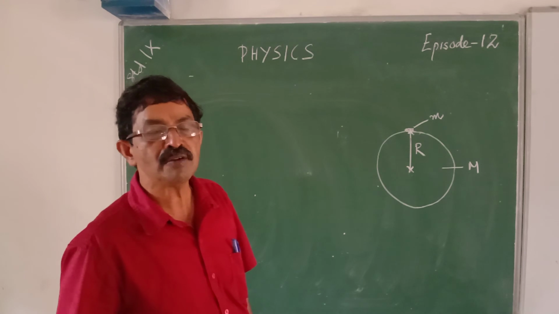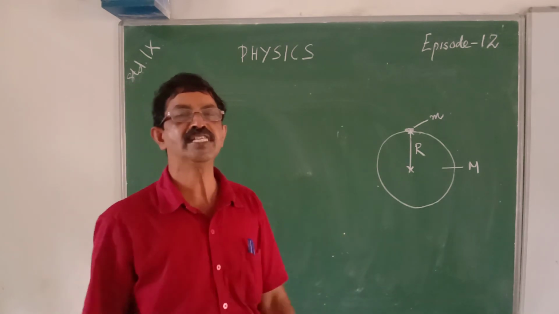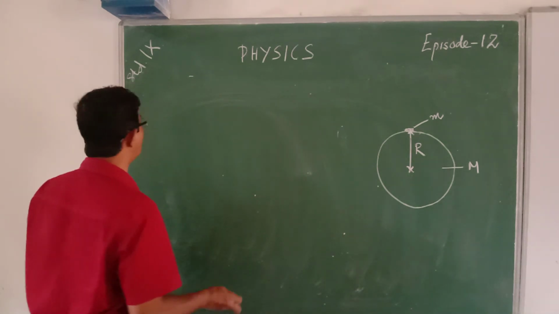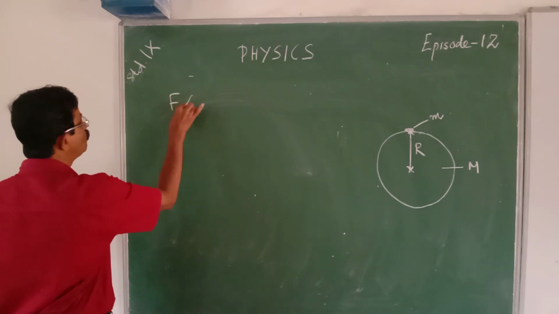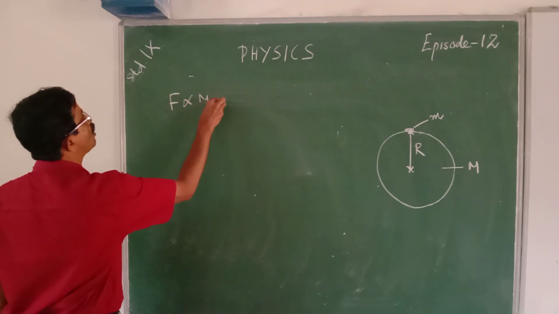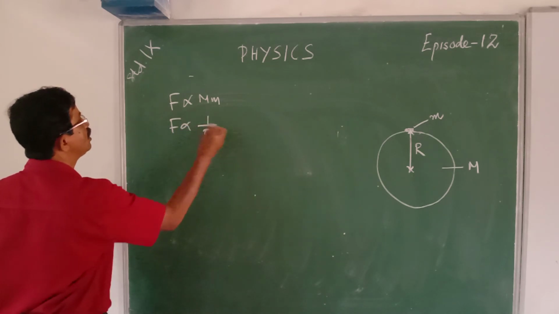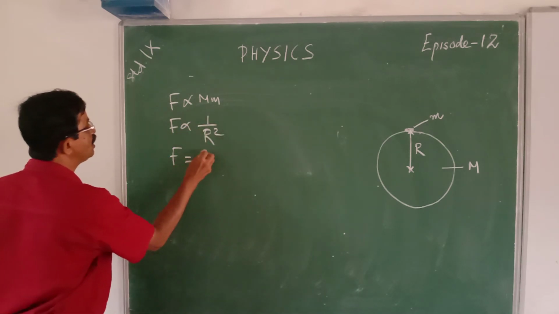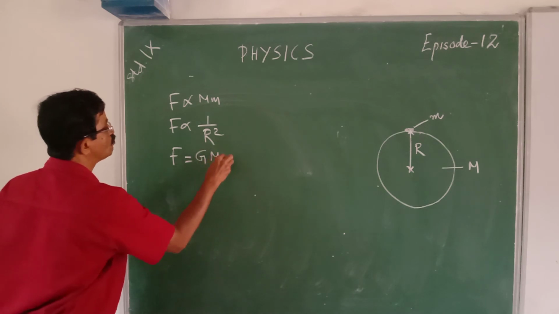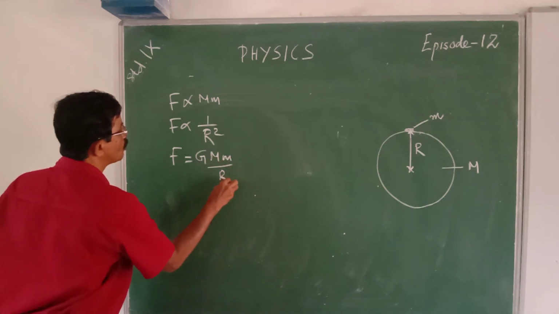Now what we want to find out? Force between these two. By Newton's law, F is proportional to capital M small m, and F is proportional to 1 by r square. By comparing these, we get F equals G capital M small m by r square.